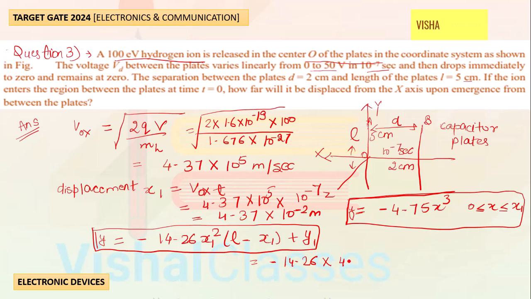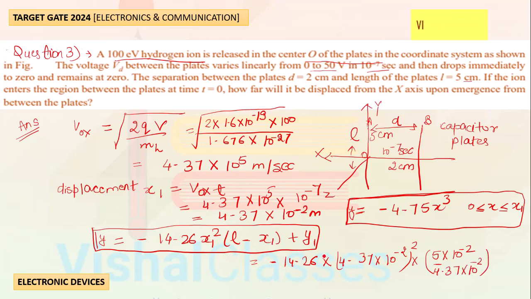x1 is the displacement in x direction, that comes out to be 4.37 into 10 raised to power minus 2. Square into L minus x1. What is the length of plates given? 5 centimeter, 5 into 10 raised to power minus 2 minus 4.37 into 10 raised to power minus 2.